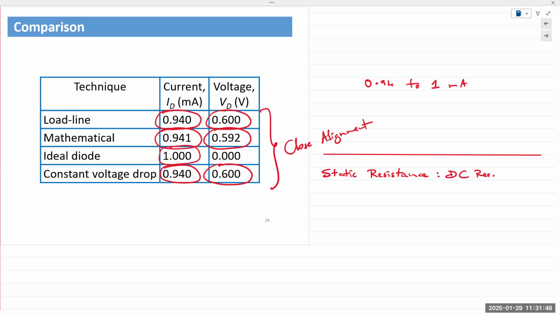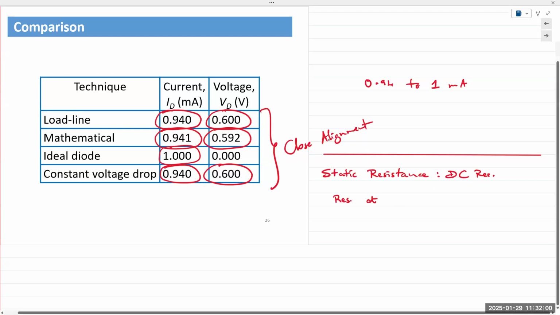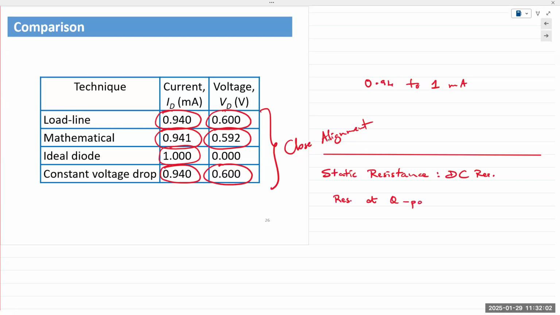And static or DC resistance for a diode is simply the resistance at the operating point or the Q point. And simply RD is equal to VDQ over IDQ. And that's it, at the Q point.